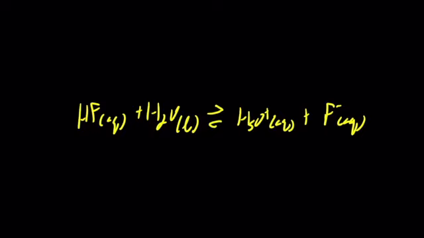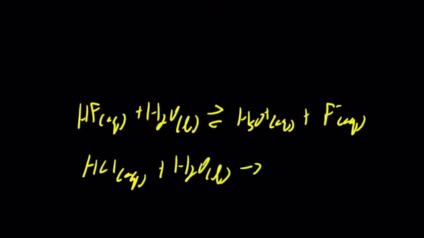Now, earlier, I used an example with hydrofluoric acid. If I have hydrochloric acid and it underwent hydrolysis, we know that it reaches full ionization, correct? H3O plus and Cl minus. When that reaction reaches full ionization, and I was to provide the concentration of hydrochloric acid, would you be able to already know the concentration of hydronium?